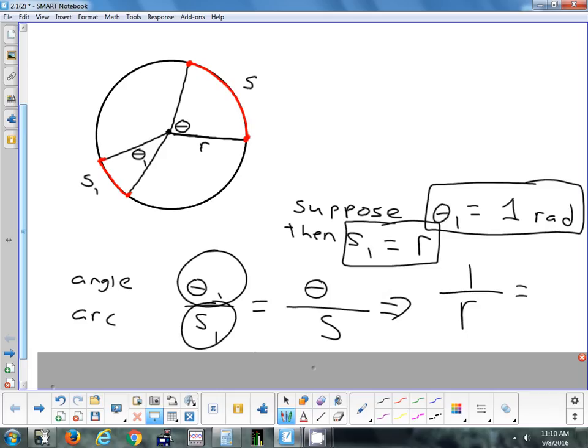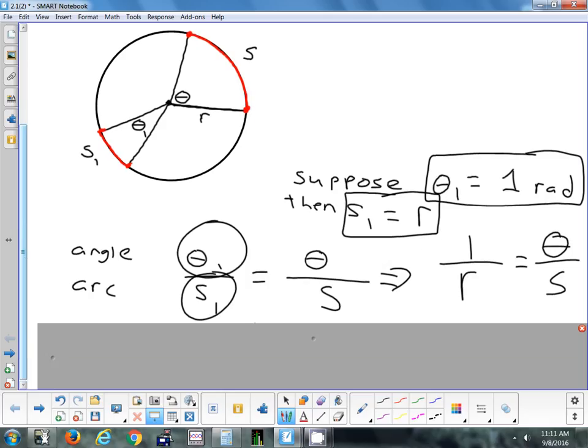Now, the other side, I don't know anything. I'm just going to leave it just like that. So now I have 1 over R equals theta over S. And my last step is to do out this proportion. Does anybody know the name of that thing you use with proportions to solve them?